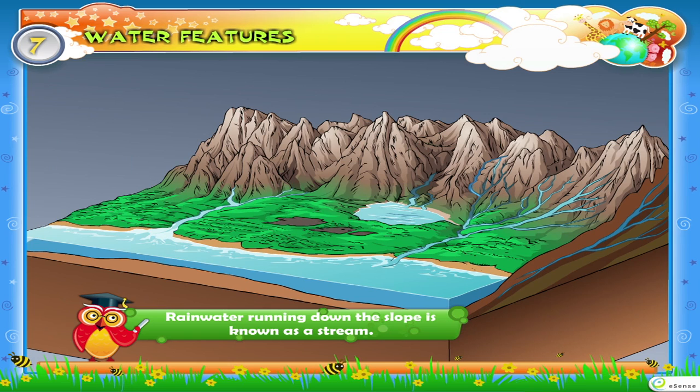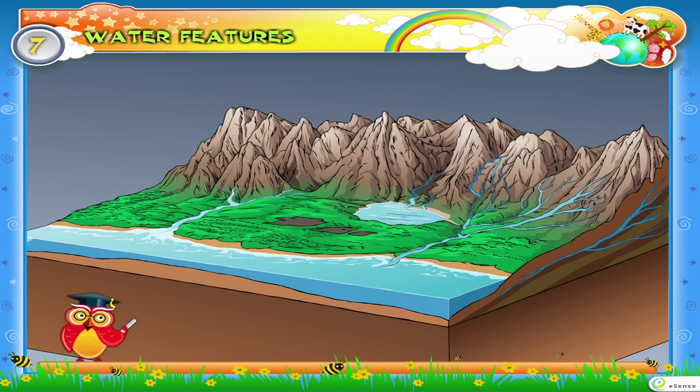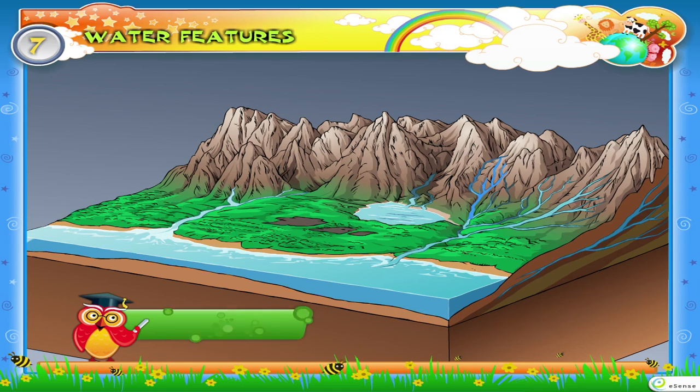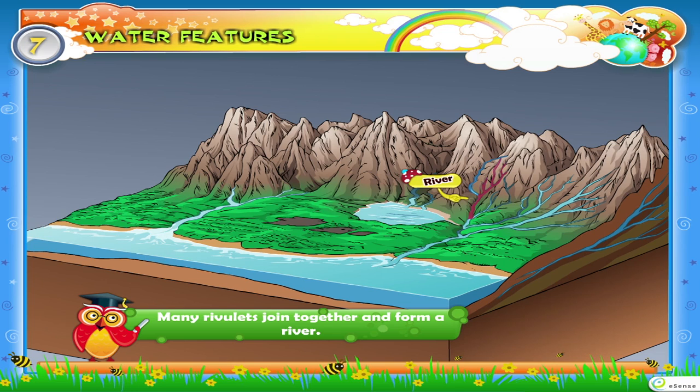Rainwater running down the slope is known as a stream. A small stream running down hill slopes is called a rill. Many rills join together and form a brook or a rivulet. Many rivulets join together and form a river.